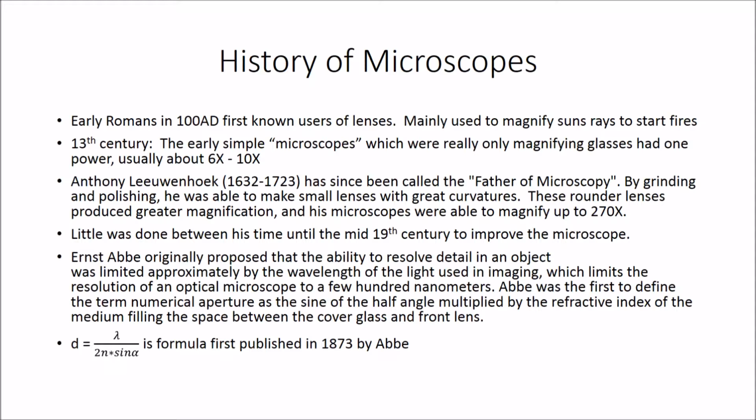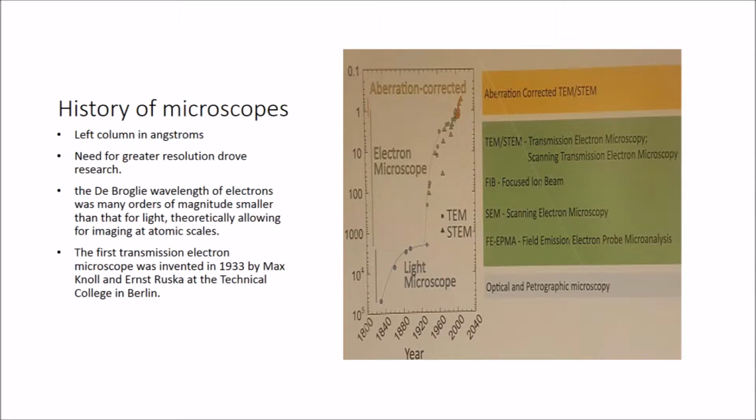And in 1873 he published a formula that is still used today: d equals lambda over the quantity 2n times sine alpha. The picture to the right was taken from a display in the Physical Science Building B Wing at Arizona State University. The Y scale is measured in angstroms.